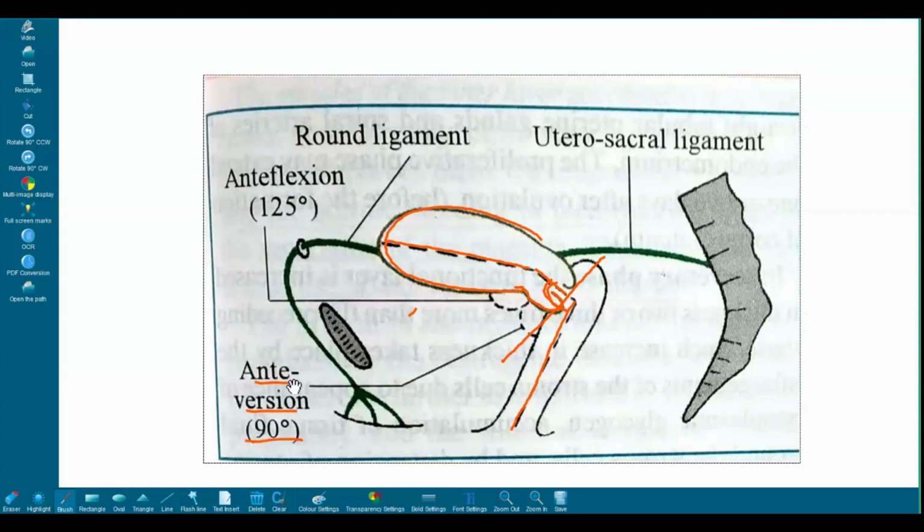अब हम लोग बात करते हैं next angle, that is angle of flexion.